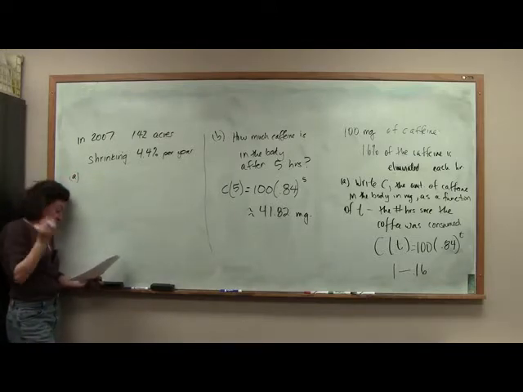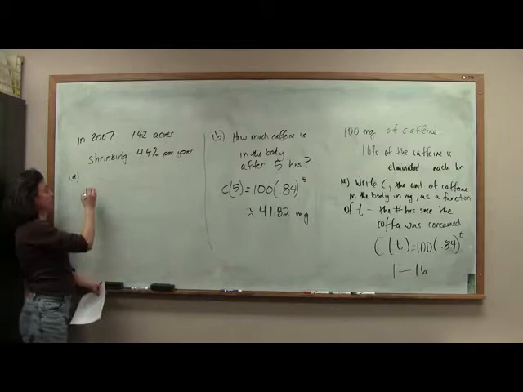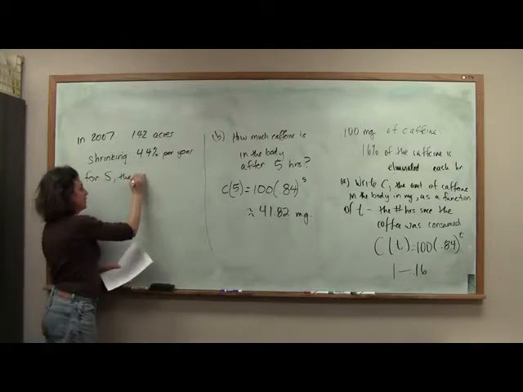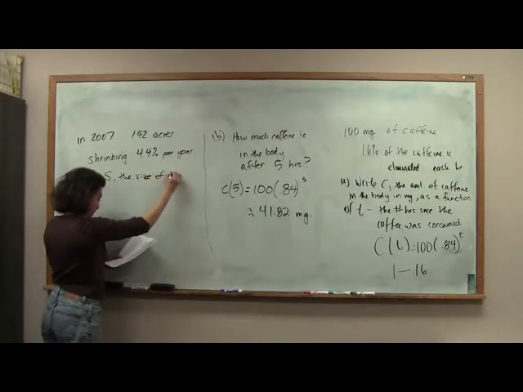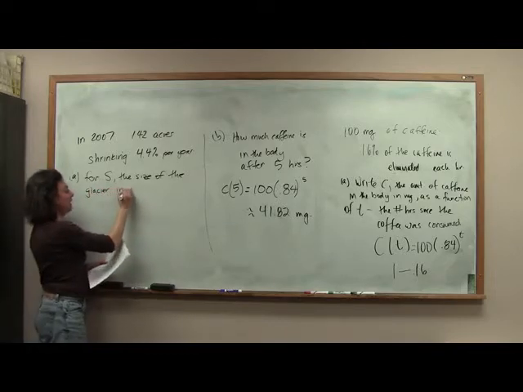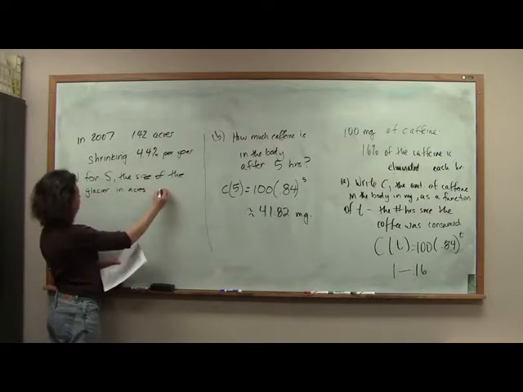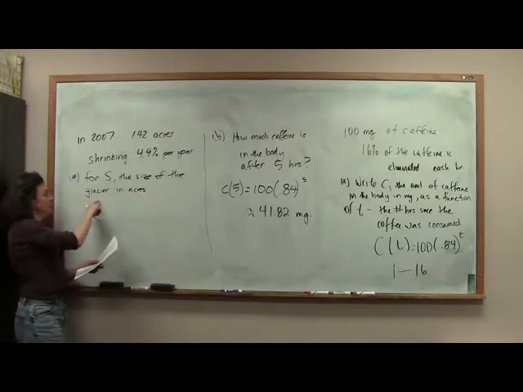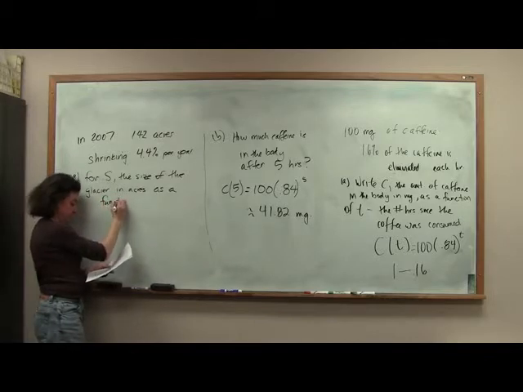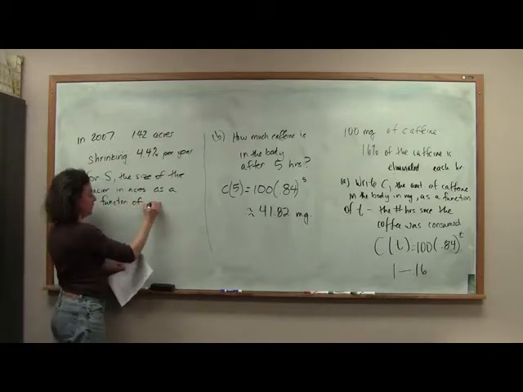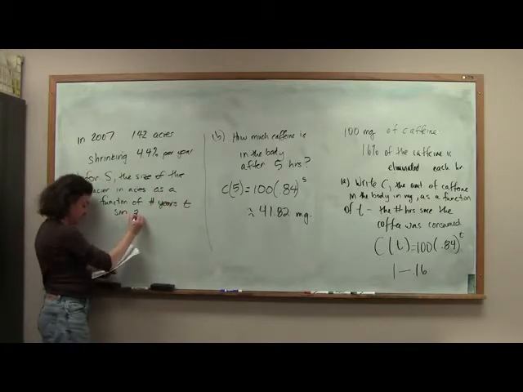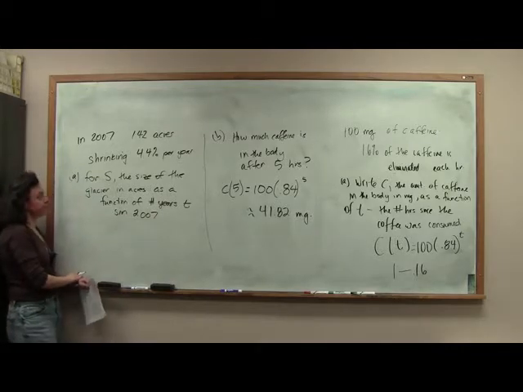In part A, we want to write a formula. So we want to give a formula for S, the size of the glacier, in acres, as a function of the number of years, we'll call that t, since 2007.